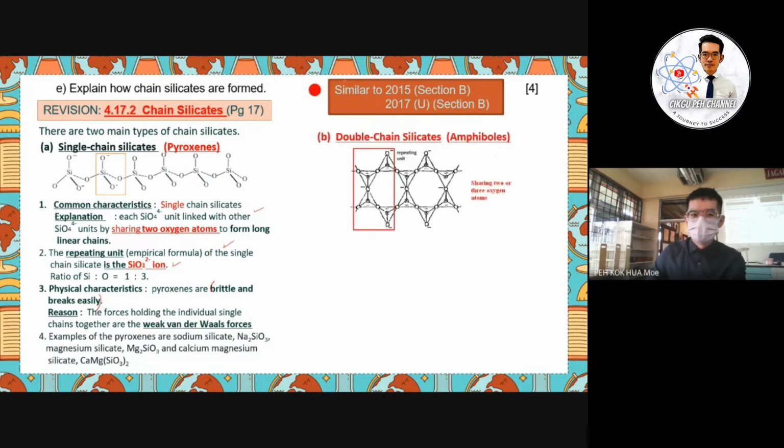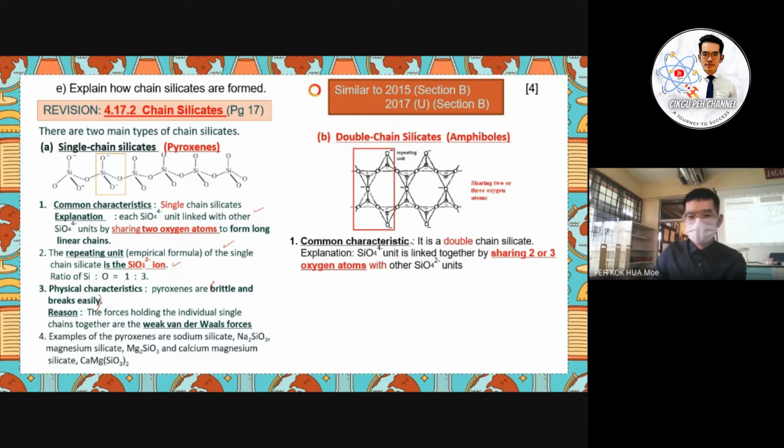Another one is a double chain silicate. Here is the name of the group. Okay, amphibole. So you have to know the structure. So common characteristic, they are double chain silicate. Why? Explain they have this common character because the SiO4 4- ion unit will link together by sharing 2 or 3 oxygen atoms with other units.